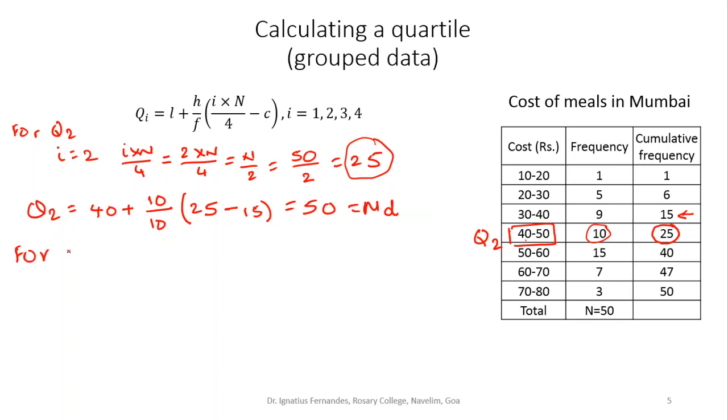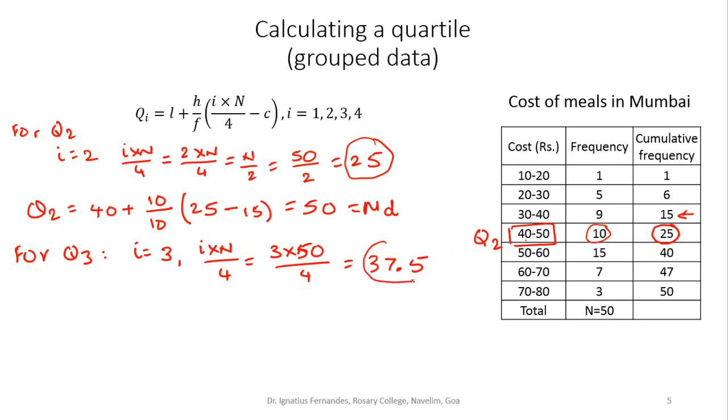So for Q3, what will you do? You'll put i equal to 3. In that case, this i into n upon 4 is 3 into n, where n here is 50, divided by 4, and then you'll get 37.5.